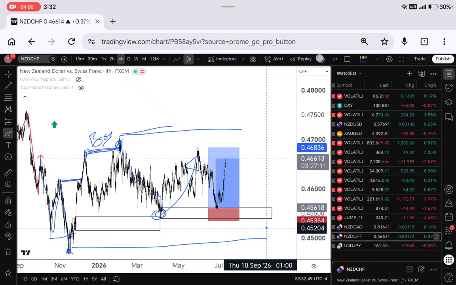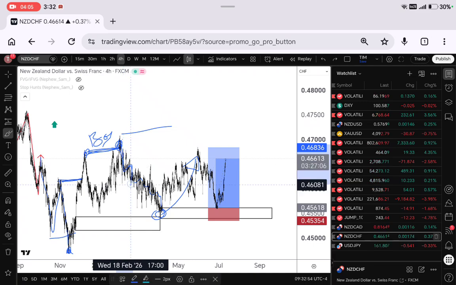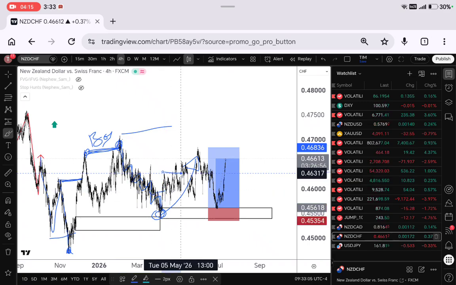So I'm keeping my eye on this small downtrend over here, lower highs and lower lows. As a result, I usually go to my 1 hour, even 30 minutes time frame, just to see break of structures inside, another change of character and another break of structure to confirm more bullishness.